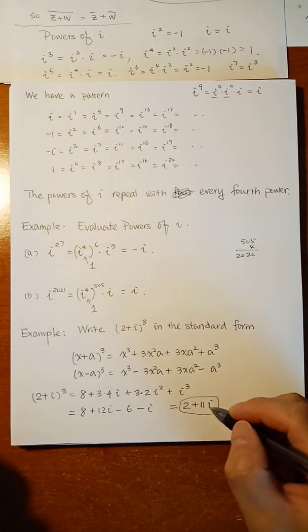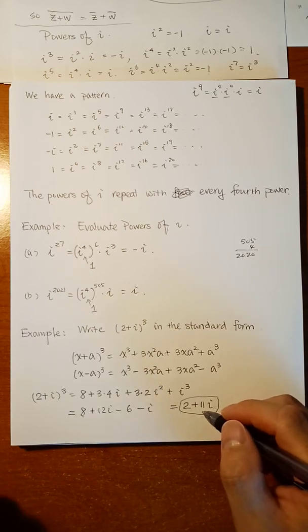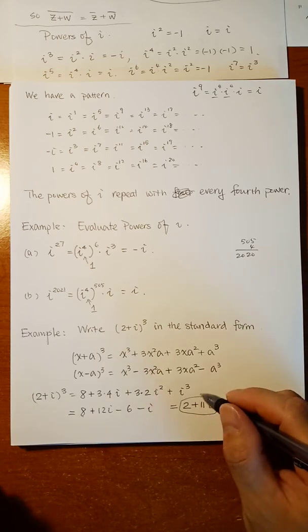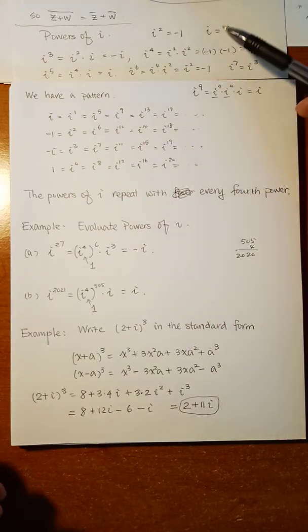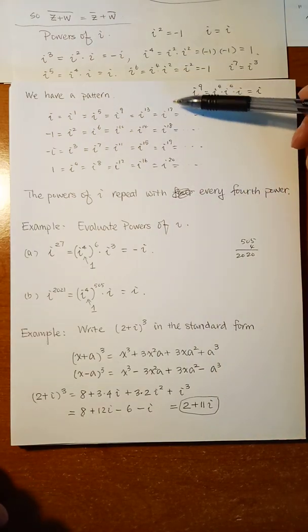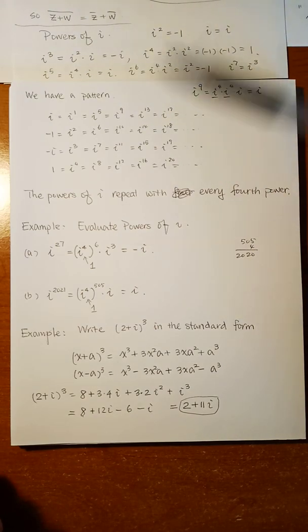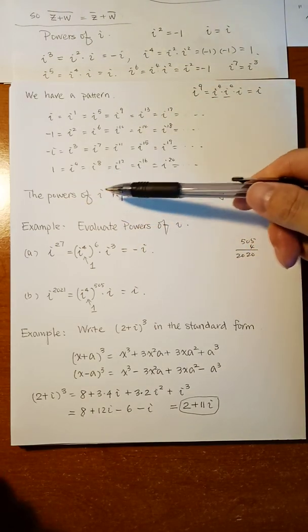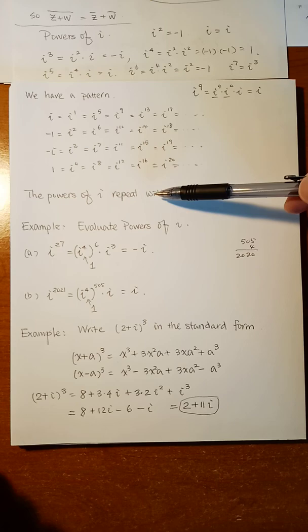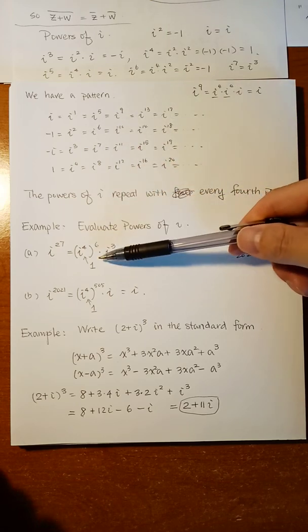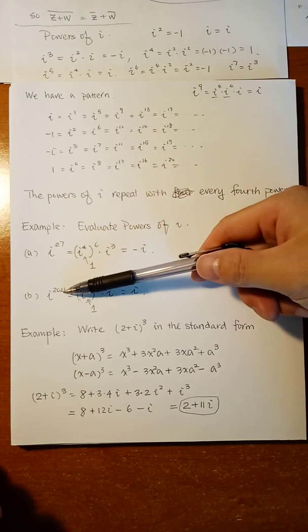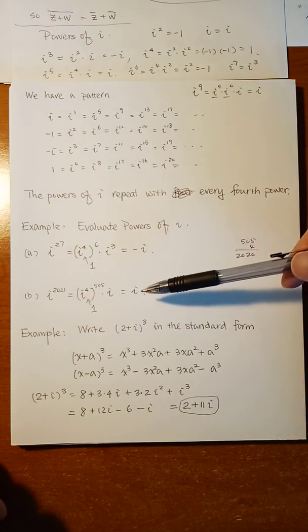We want the answer in the so-called standard form, a plus bi form. We also discovered the pattern behind the powers of i: every fourth power, the powers of i repeat. This property helps us simplify some high powers of i.